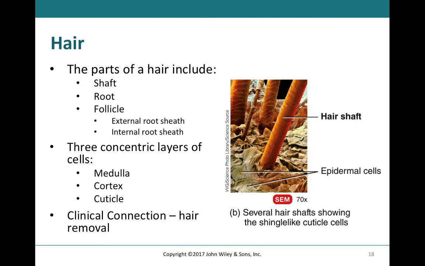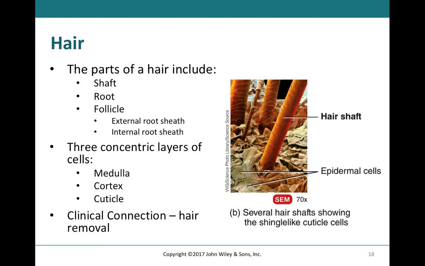the most heavily keratinized. The external root sheath is a downward continuation of the epidermis, and the internal root sheath is going to be produced by the matrix.